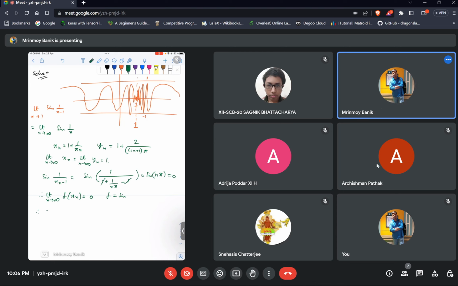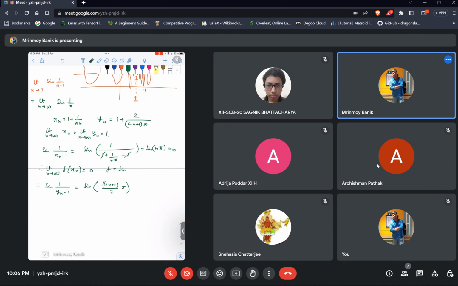Again, sine of 1 by (yn minus 1) is sine of (4n plus 1) by 2 pi. So at (4n plus 1) by 2 pi, it's 1, right?